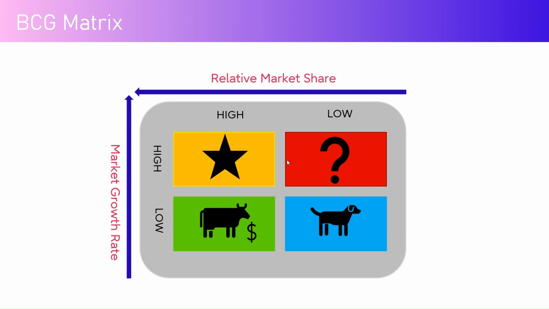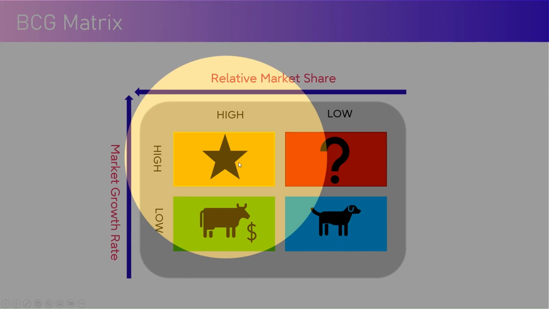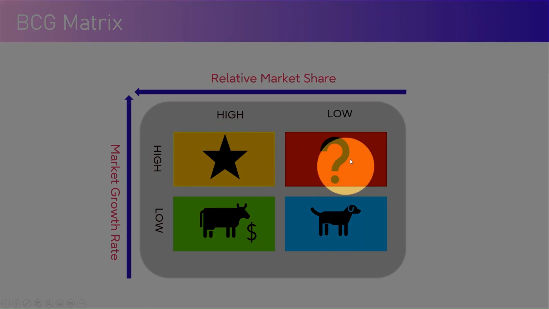If that product or service fits in the star box, then yes, there is high potential for it. If it's in the question mark, you need to decide whether to invest in it further or not. If you don't invest, then it eventually dies out as a dog.